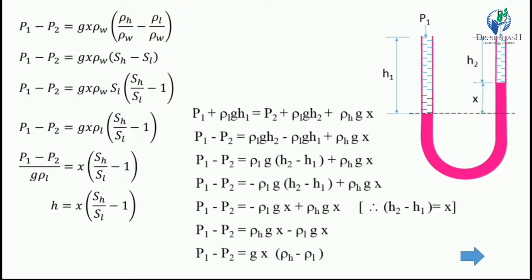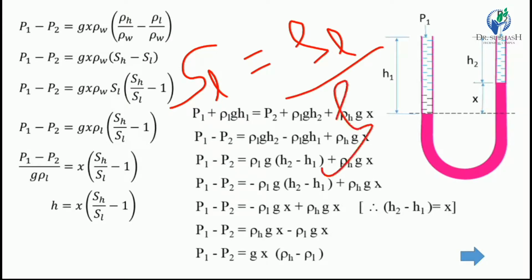Now take the specific gravity of the light liquid common from the bracket. So in the bracket, SH upon SL minus 1. Now we know that the specific gravity of the light liquid is equal to the density of the light liquid upon the density of water.